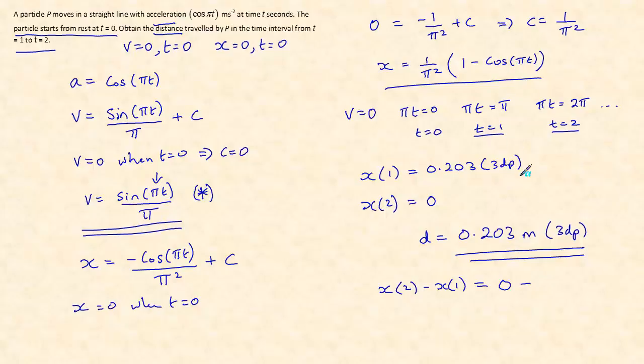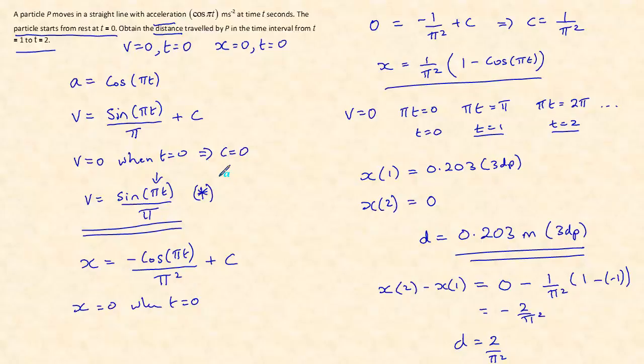And then if we put 1 in there, it would be 1 over pi squared into 1 take away cos of pi, which of course is negative 1. So we'd have got negative 2 over pi squared, and the distance would be equal to 2 divided by pi squared, not multiplied by pi squared. So 2 divided by pi squared. So that's the exact distance.